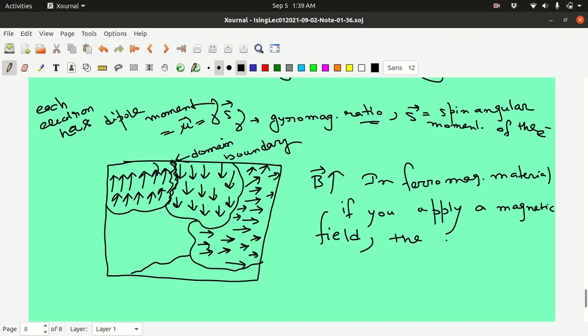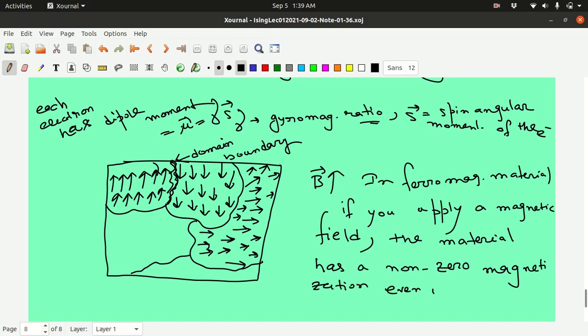The material has a non-zero magnetization even if you remove the magnet.